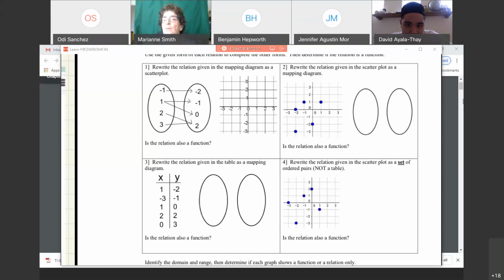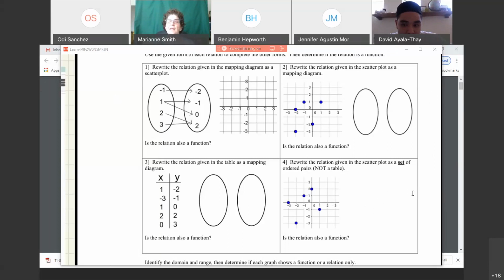So what I'm going to do here is move. Can everybody see the screen? It should look like a bunch of diagrams and graphs.